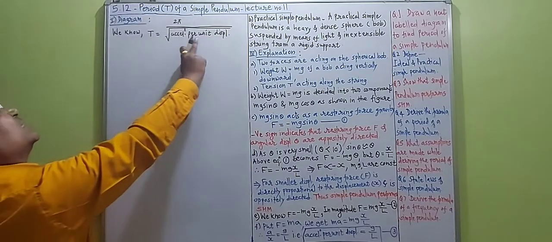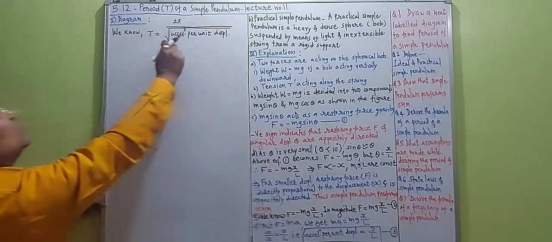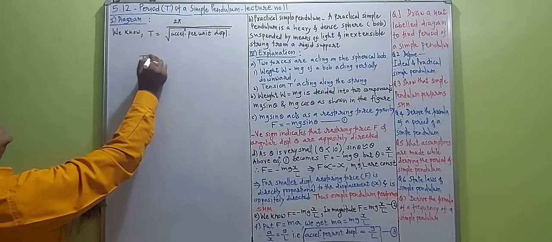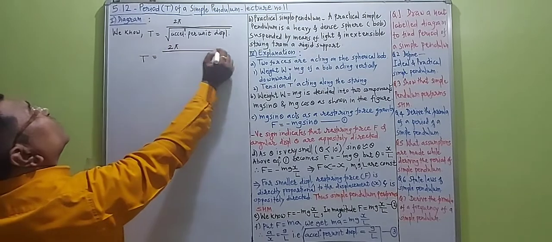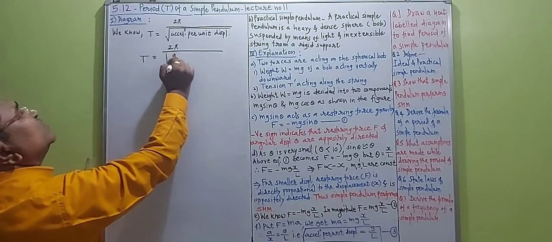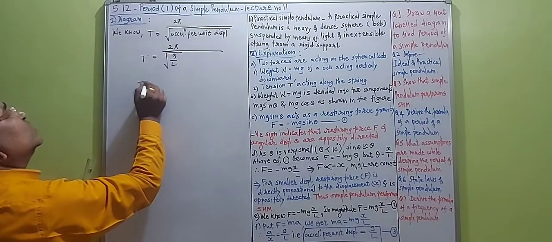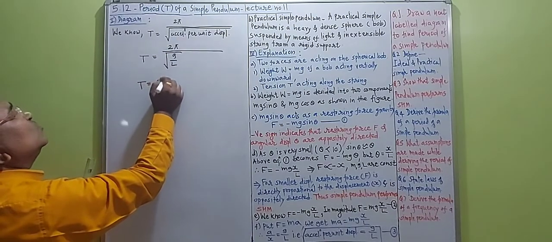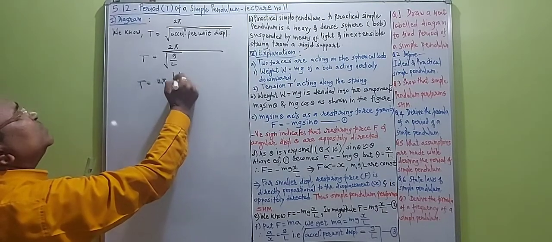But acceleration per unit displacement we got is g upon L, we put here. So T is equal to 2 pi upon square root of g upon L. Take this on numerator, we will get T is equal to 2 pi square root of L upon g.